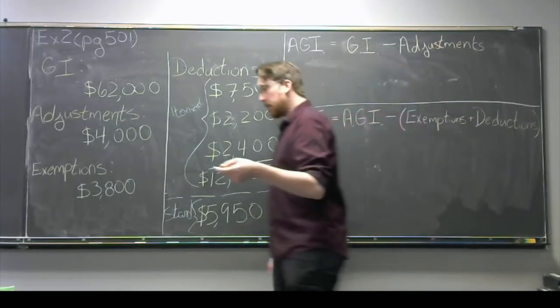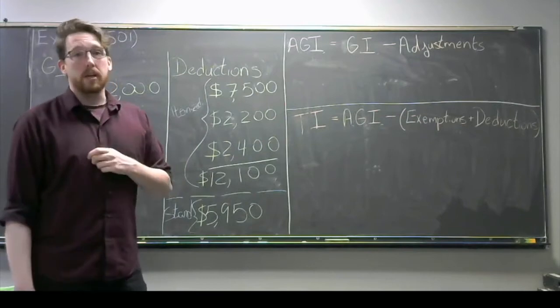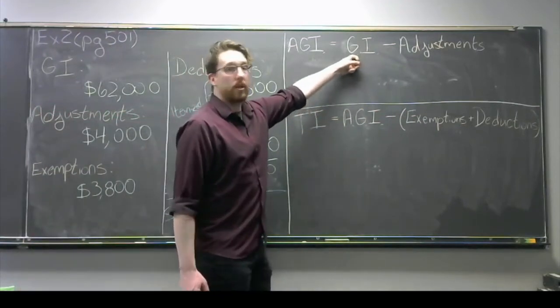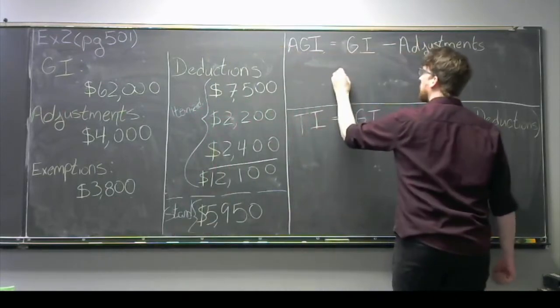So to calculate the taxable income, the first thing we need to calculate is the adjusted gross income. And we know that the adjusted gross income is the gross income minus the adjustments.